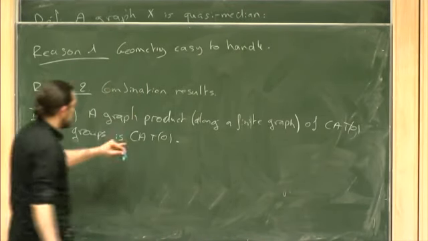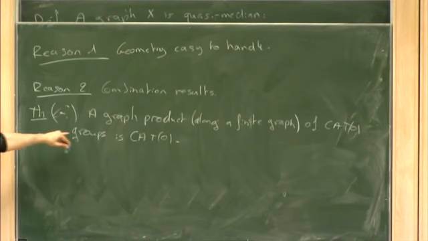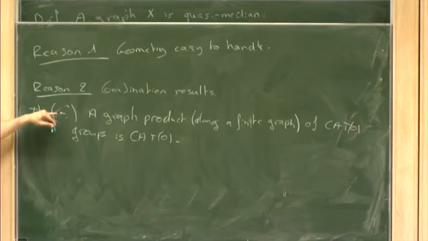So a group is CAT(0) if it acts geometrically on some CAT(0) space. Okay. So the assumption is that every vertex group acts geometrically on some CAT(0) space, and the conclusion is that there exists another CAT(0) space on which the graph product will act geometrically.